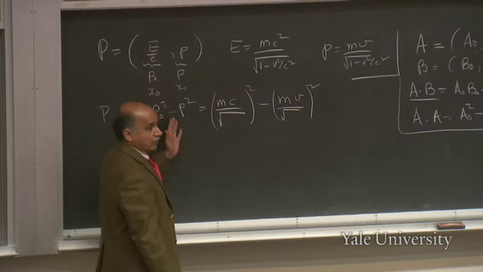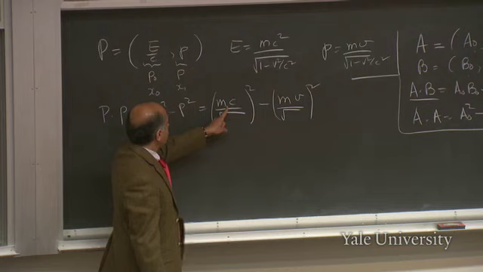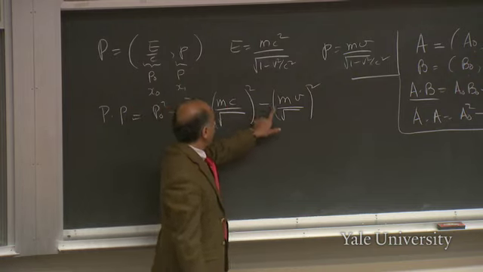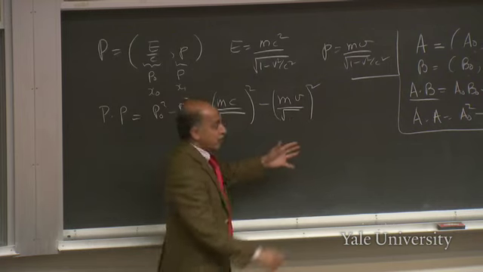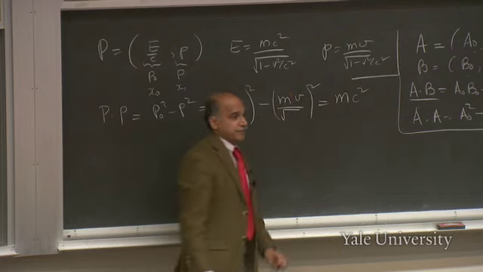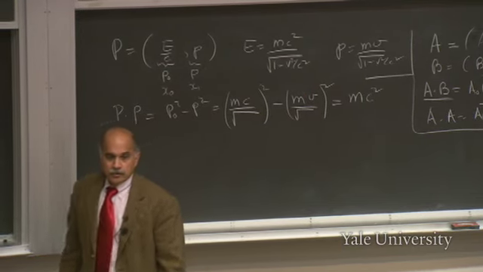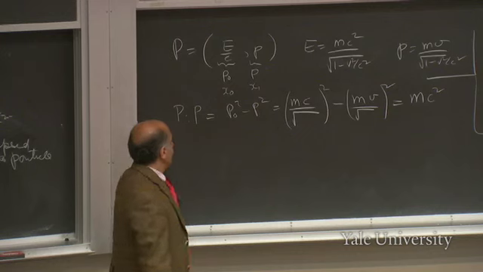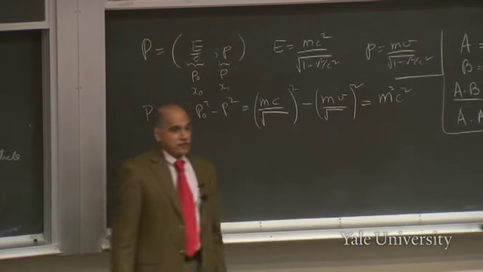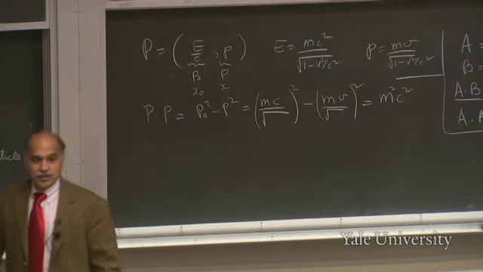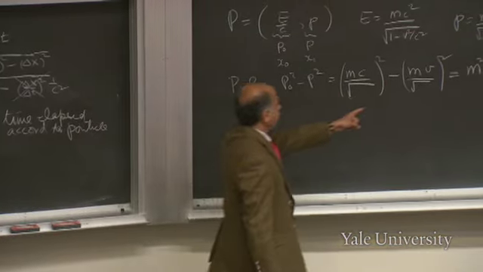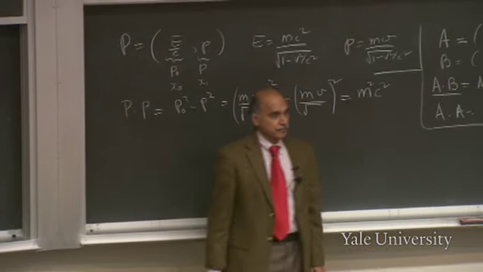M squared is going to come out of the whole thing. You agree? In the top, I have 1 over 1 minus v squared over c squared. Here I have minus v squared over 1 minus v squared over c squared. So they will all cancel, giving you m squared c squared. So the 4 vector of any particle has a length that does not at all depend on how fast it's moving. It depends only on this.